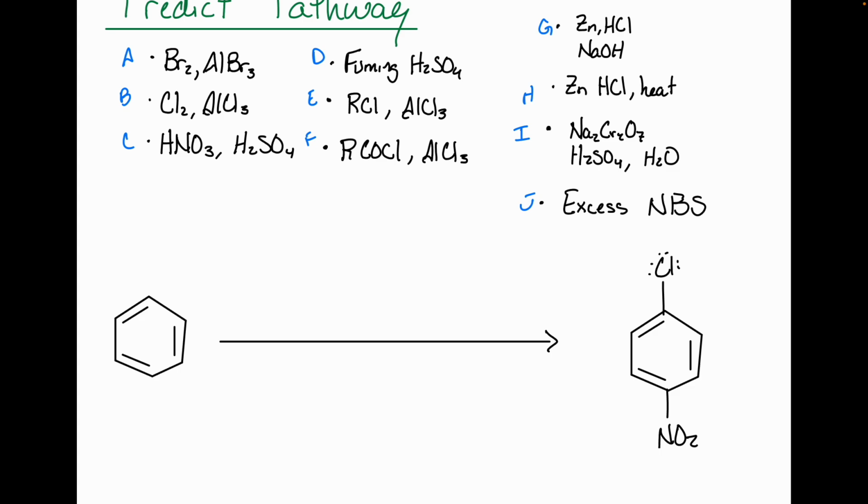All right, A through J, how am I going to put a chlorine on the ring? B. And what about a nitro group? How am I going to put that on the ring? C. So now the question is, what order do I carry these two out?